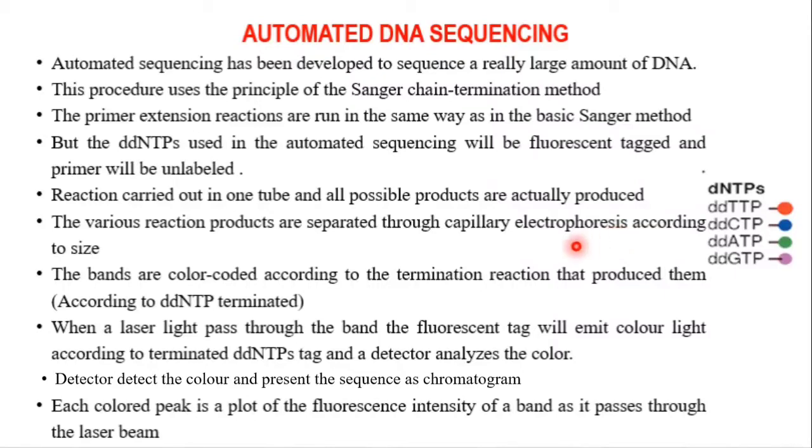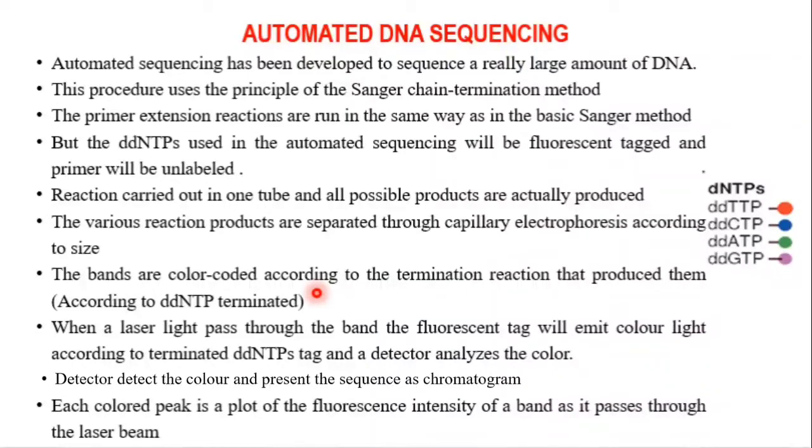We can get the different products by capillary electrophoresis, and we'll get the different fragments. As we said, the ddNTPs are fluorescently tagged.